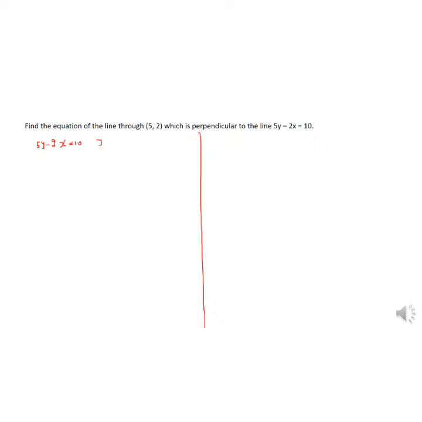The form of the equation of a line is y equal to mx plus c.